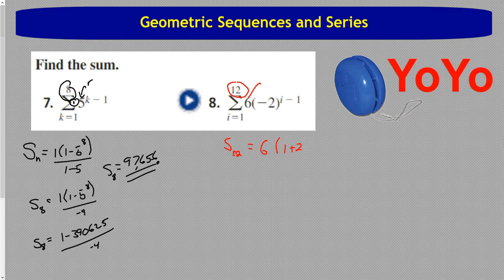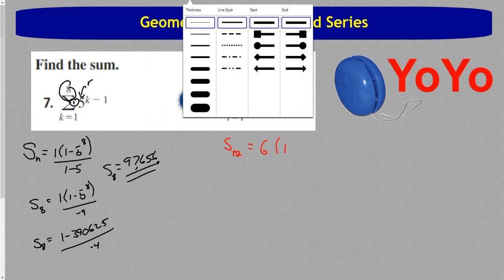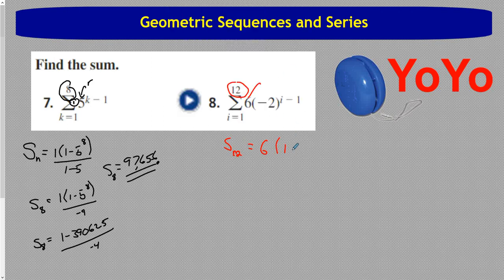However, because we have to keep the exponent just on the rate, I'm going to write it out as 1 minus negative 2 so that I can raise that to the 12th power. Okay, I hope that makes sense. The r is the only thing raised to the 12th, so I'm keeping r as negative 2 because that's actually important. Over 1 minus negative 2.